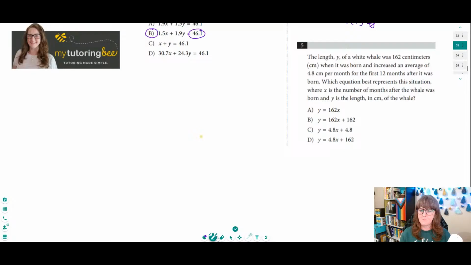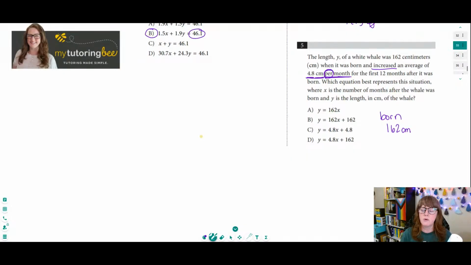Okay, so what are we saying here? We're saying that the whale is born, okay? Once it's born, it's 162 centimeters. And then it increased, it grew, right? Because that's what whales do. They grow as they get older. It increased an average of 4.8 centimeters per month.